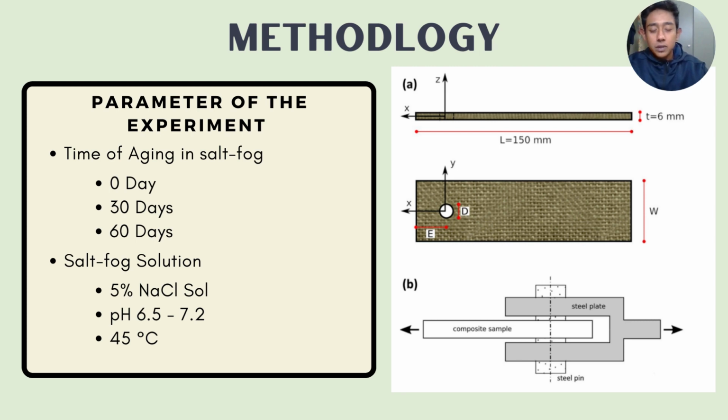The sample is prepared as shown in figure A, with a thickness of 6 millimeters and length of 150 millimeters, and set up with other equipment as shown in figure B, so that we can see the result of the fiber being pulled out as we made in the early assumption.